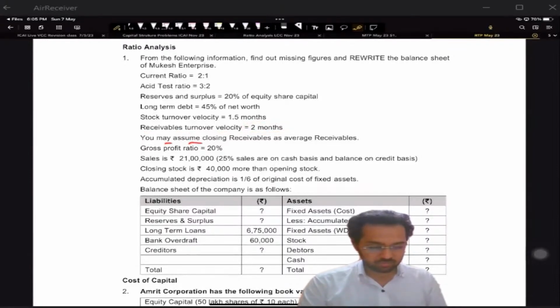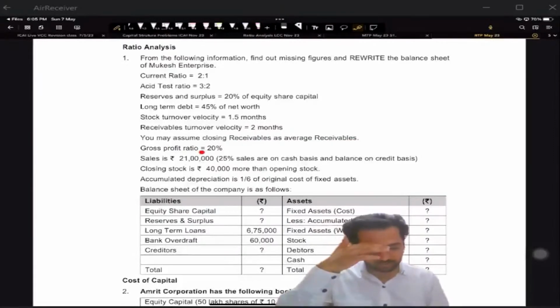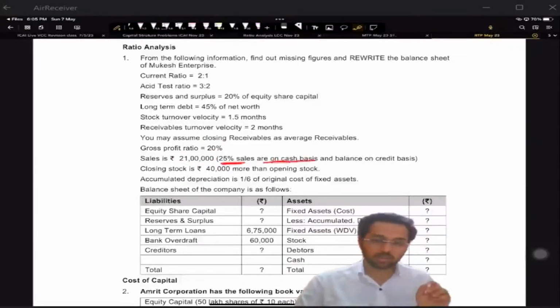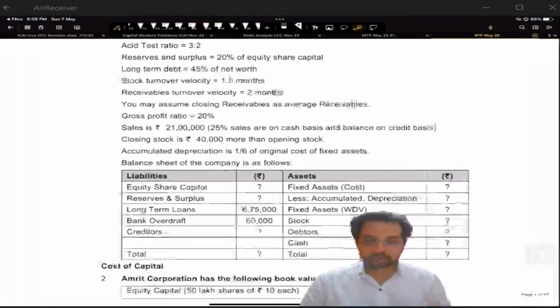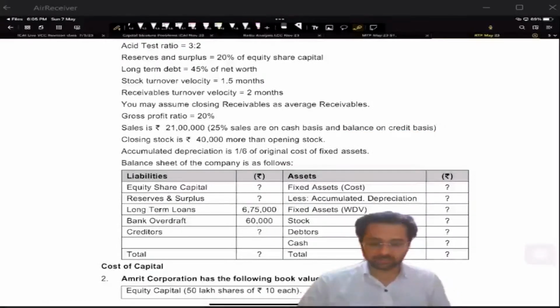We are going to assume receivables as average receivables, and gross profit ratio will be 20%. Sales is given as 21 lakh, of which 25% sales are on cash basis, and balance is on the credit basis. Closing stock is 40,000 more than the opening stock.